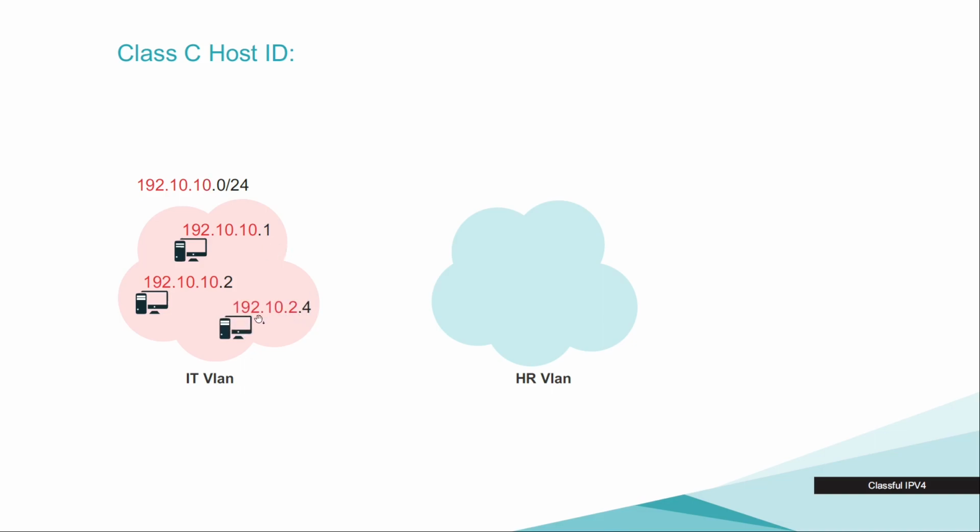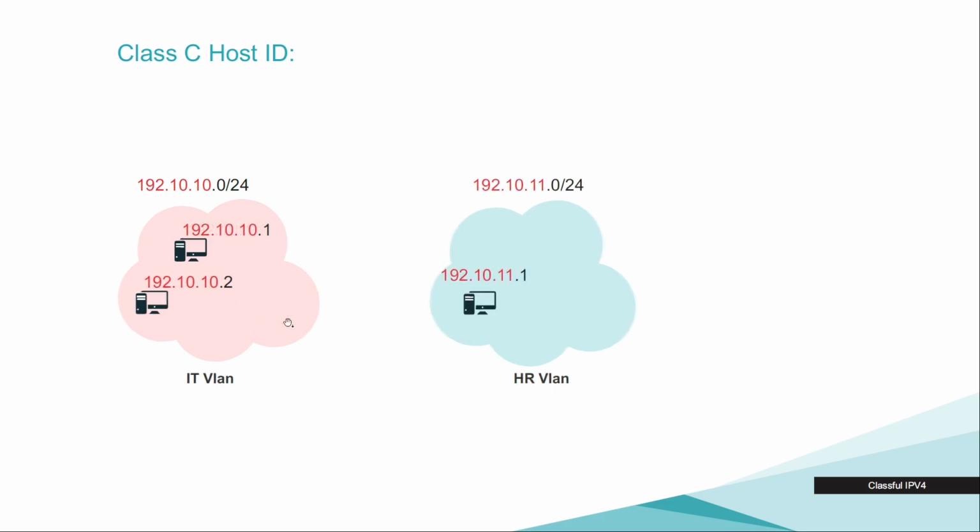Can we find on the ITV-LAN the IP address 192.10.2.4? And the answer is no. The reason is that the ITV-LAN has the subnetwork with the network address 192.10.10. So 192.10.2 is considered another subnetwork and cannot be on the ITV-LAN subnetwork.